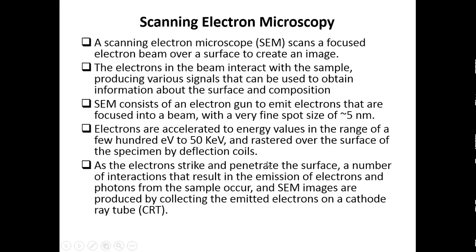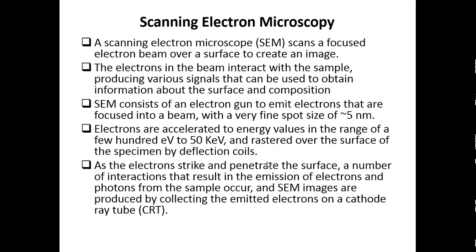Actually, this beam is rastered. Rastered means this beam is scanning over the surface. That is what is called raster scanning over the surface. And you might have learned raster scanning in TV communication.